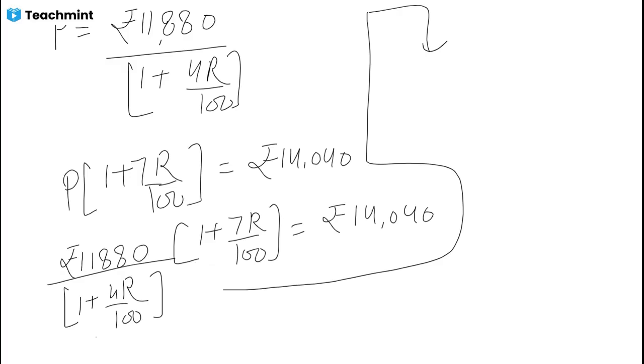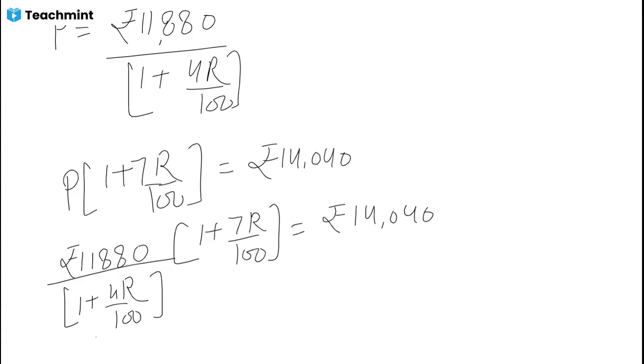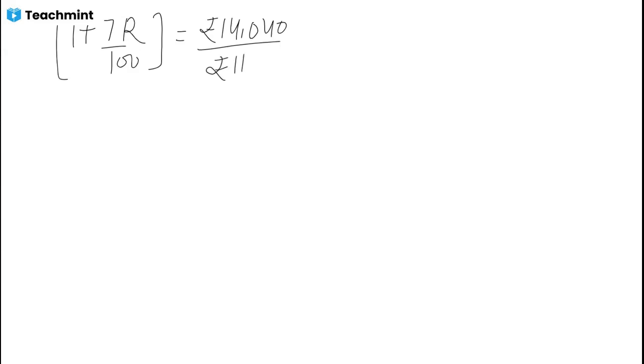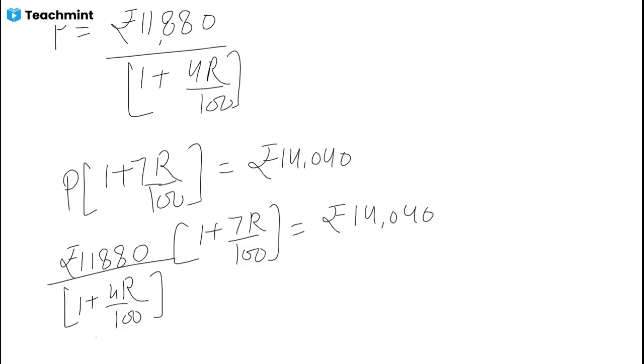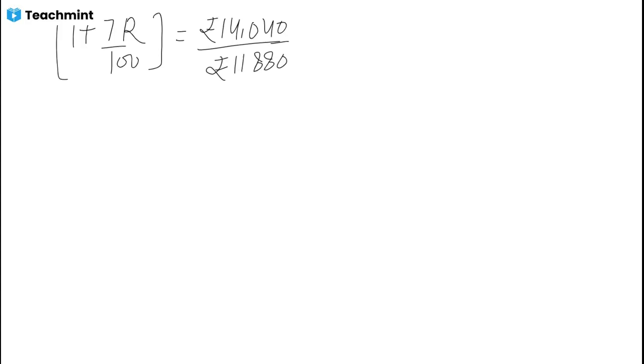So let us write: 1 plus 7 times of r over 100, and on the right side 14,040 divided by 11,880 into 1 plus 4 times of r over 100. So now let us simplify.